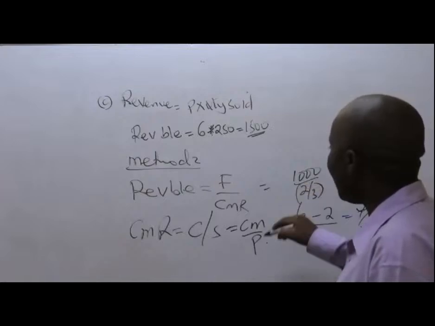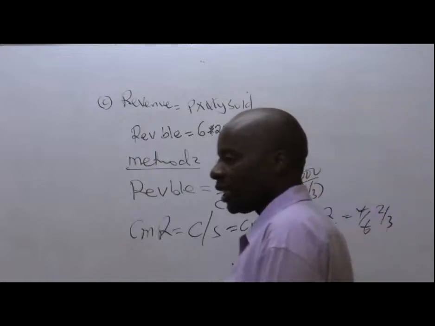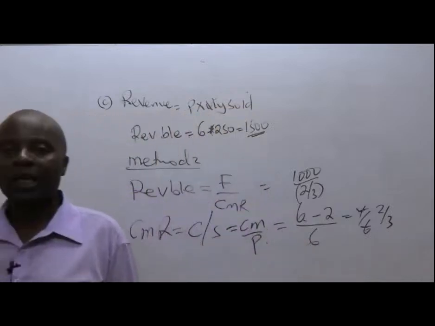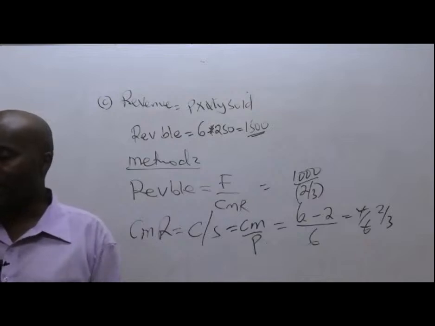As I'm dividing, that 2 over 3 must be put in brackets. So 1,000 divided by, open brackets, 2 over 3, close. And then you give me an answer.